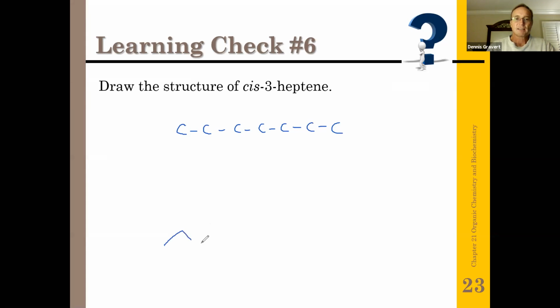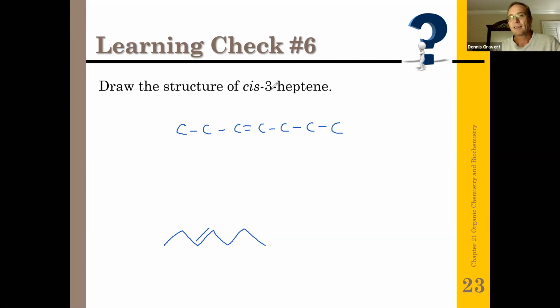Or you could zigzag it. Let's see, 1, 2, 3, 4, 5, 6, 7. And then on carbon 3, now since I'm drawing it, I get to decide which end to start numbering from. I'll number from the left side. So on carbon 3 begins a double bond.